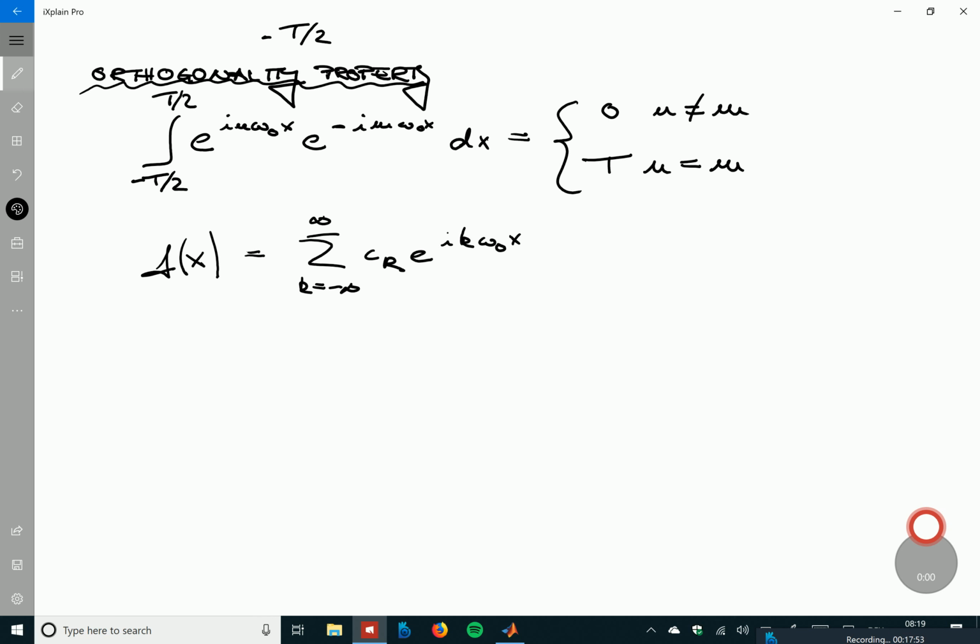Then we do the same thing that we did for the real Fourier series coefficients. We multiply both sides with an arbitrary frequency, so that we get f(x) e to the minus i m omega 0 x.